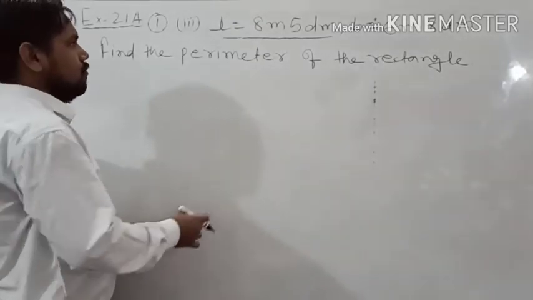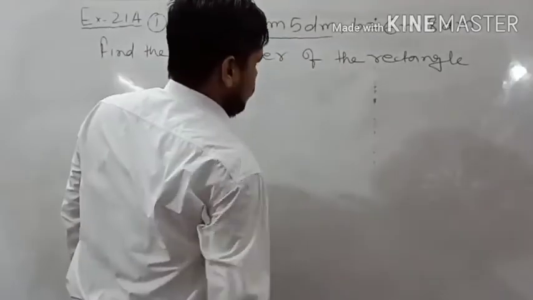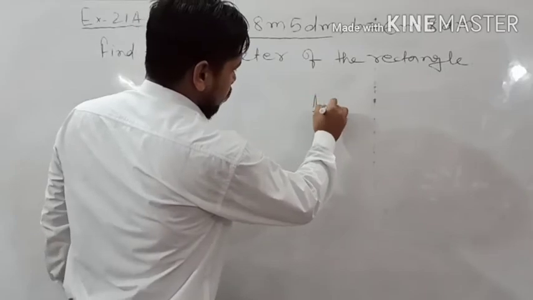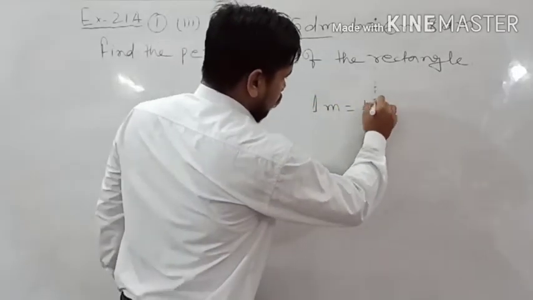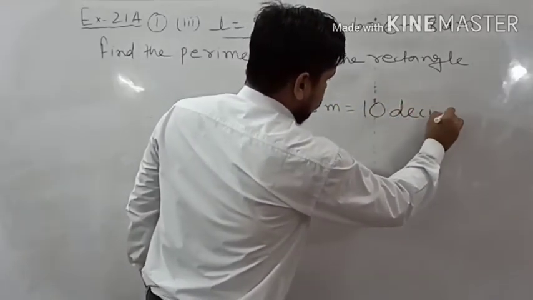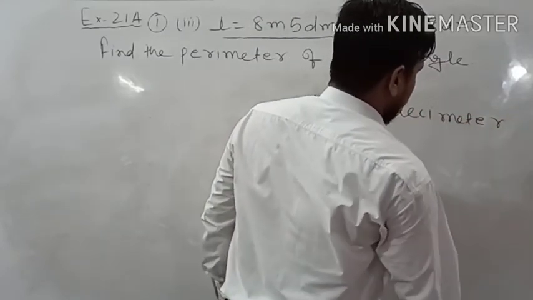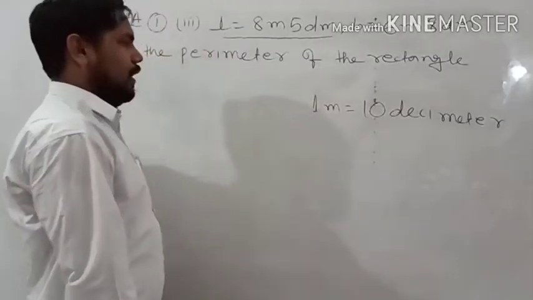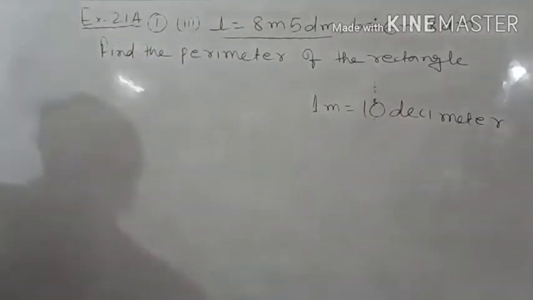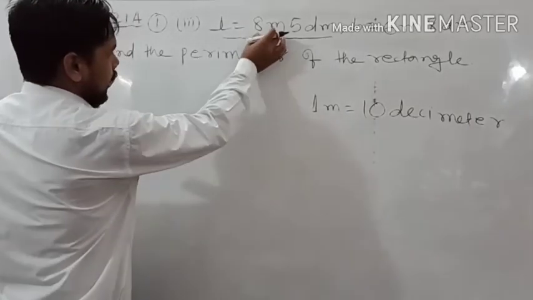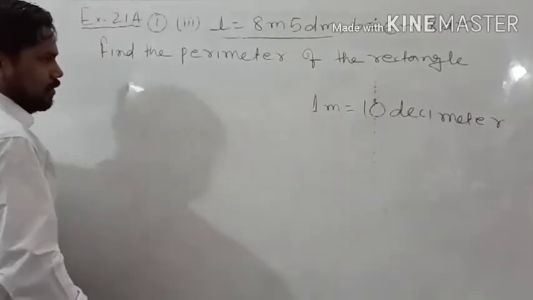So here it is given in decimeter, right? So you know 1 meter is equal to 10 decimeter, right? So 1 meter is equal to 10 decimeter. So here 8 meter will be 80 decimeter, right?